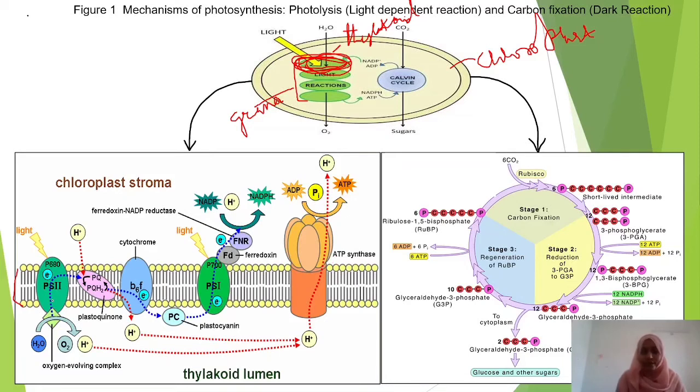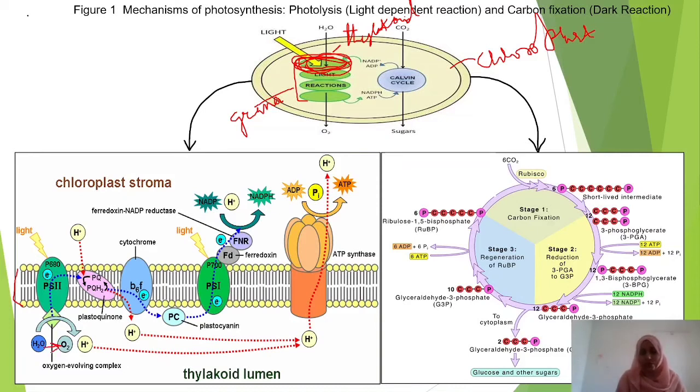So first, what happens in this light reaction: photosystem second is initiated and traps light energy of wavelength 680 nanometers to extrude out the electron. This extruded electron passes through various electron carrying molecules to initiate the electron transport chain. At the same time, photolysis of water also takes place.